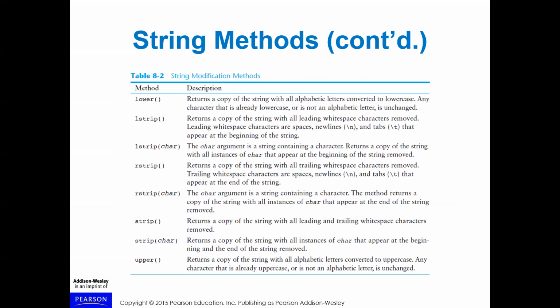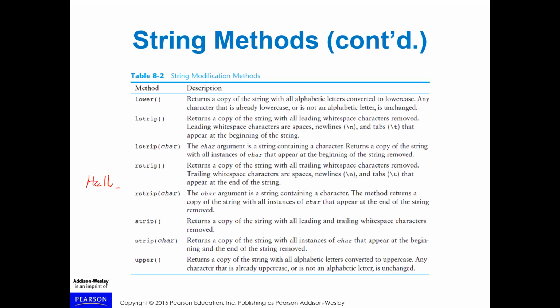Here we have another set of functions that we can take a look at. So now we have string methods. lower returns a copy of the string with all alphabetic letters converted to lowercase. lstrip returns a copy of the string with all leading white space characters removed. So maybe you've read something, hello, and the user had a space in there and you want to get rid of the space, so you can use a function like this.